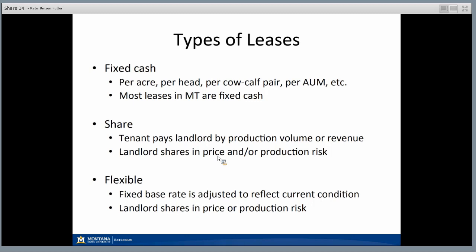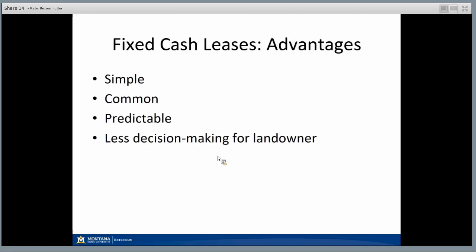And this is a case where the landlord is sharing in price or production risk. A flexible lease is similar, except that you have a fixed base rate that you set up and you adjust it to reflect the current condition relative to some kind of historical average or index. This is another case in which the landlord is sharing in the price or production risk. So I'll talk about each of these types of leases.